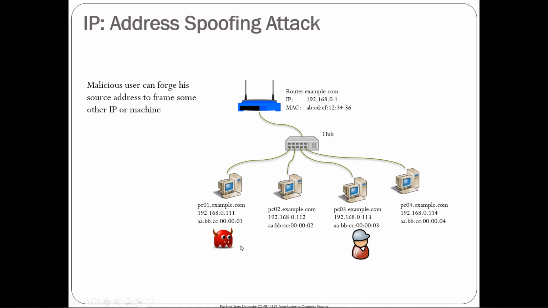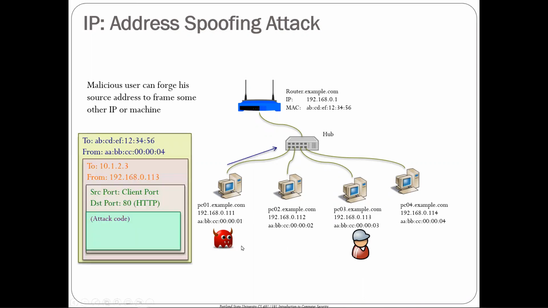How would you do that? Well, you would just construct this Russian doll, some attack code, and you send it to some web server, say you want to frame Bob, having him look like he's bombing the Portland State website. And then you say, okay, well, this is going to the Portland State website, perhaps. And then say this came from Bob. So that's 1.13, Bob's IP address.